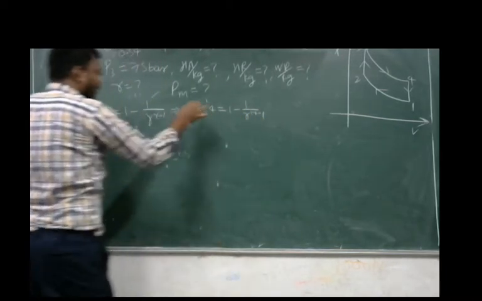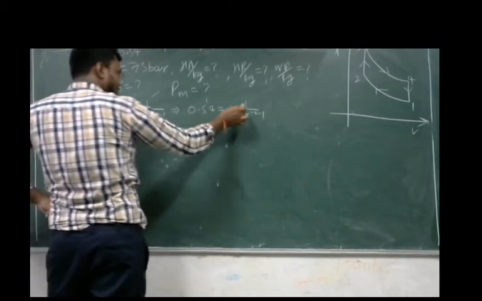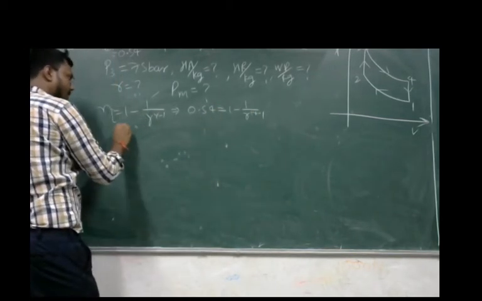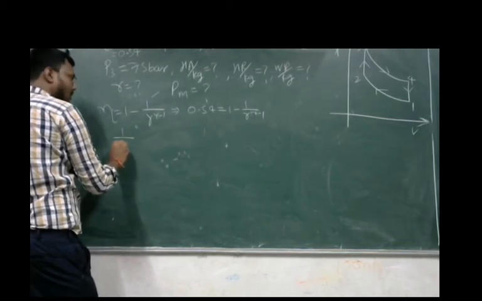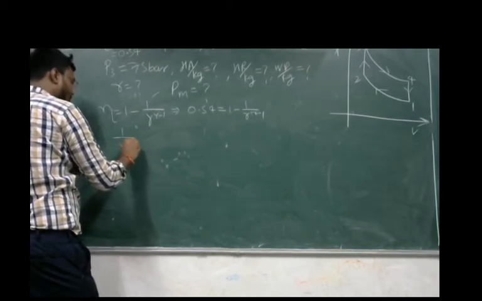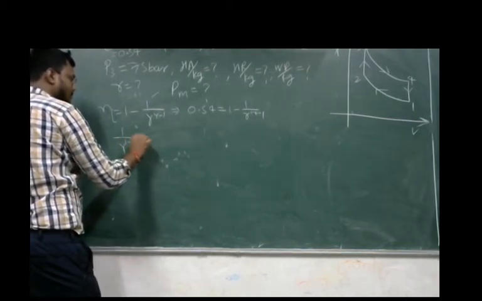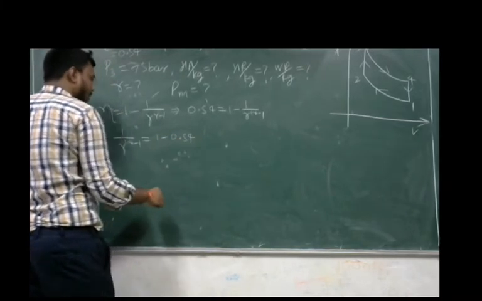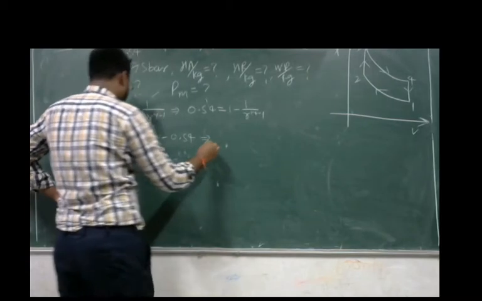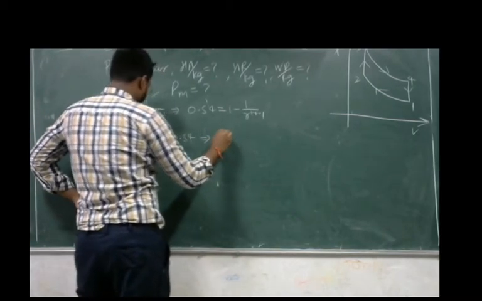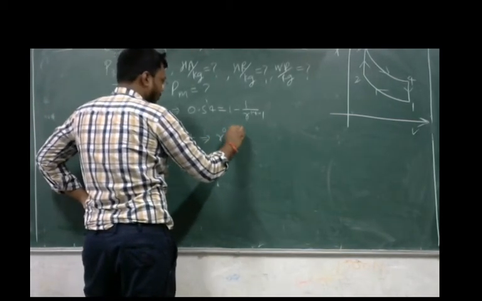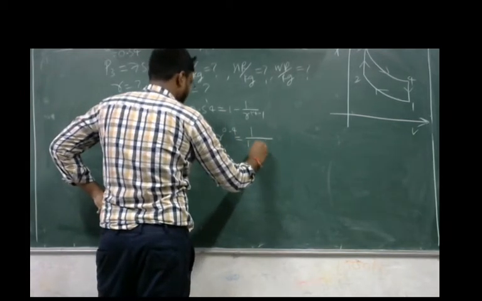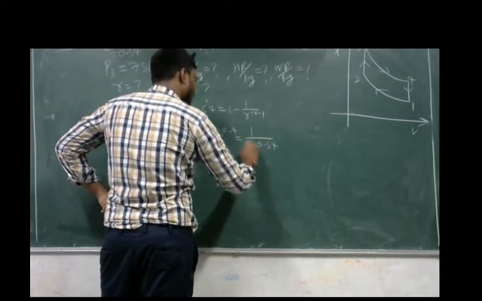Or we can say, keep this value this side. So here we get 1 by r to the power 1.4 minus 1 equals 1 minus 0.54, or r to the power 0.4 equals 1 by 1 minus 0.54.